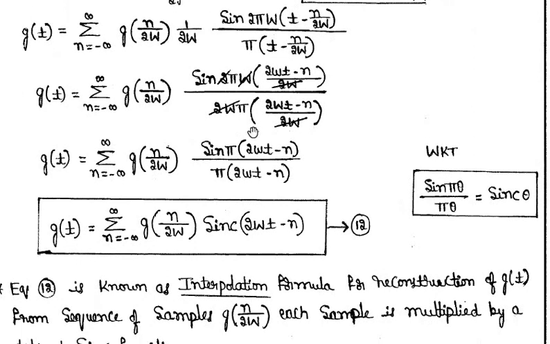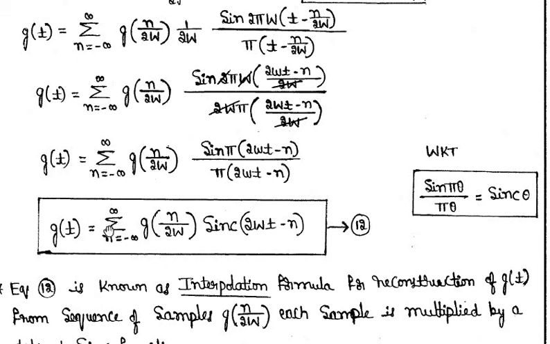When we eliminate the common terms, the final expression for us is sine pi 2wt minus n divided by pi 2wt minus n. So if you observe this expression, it is in the form of sine pi x divided by pi x. Sine pi x divided by pi x is sinc x. So the x term over here is 2wt minus n.